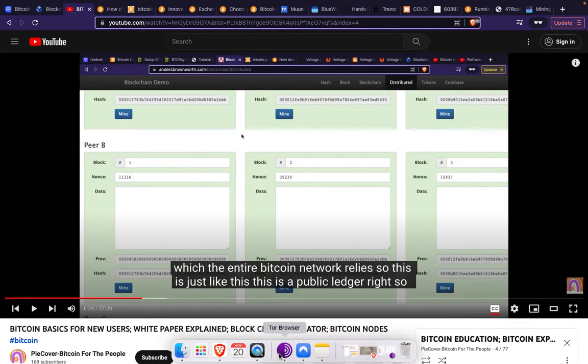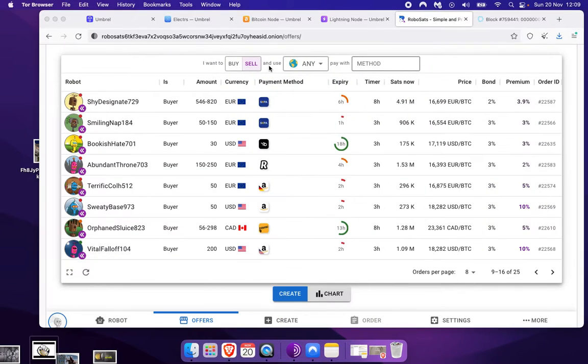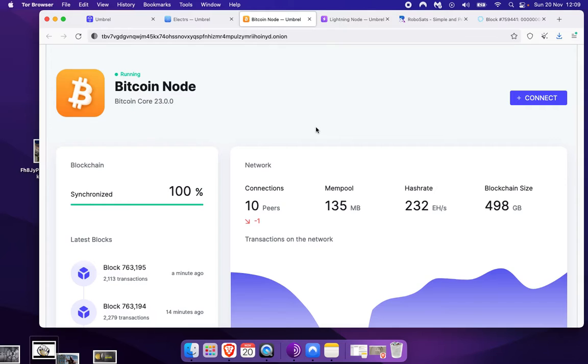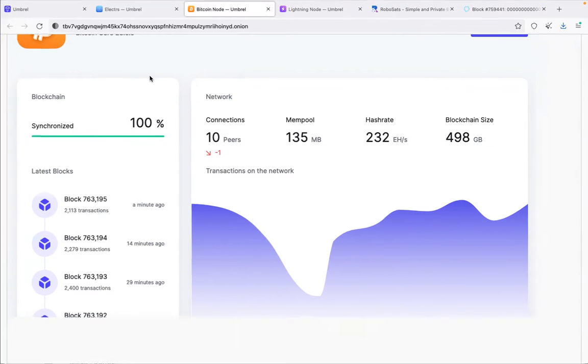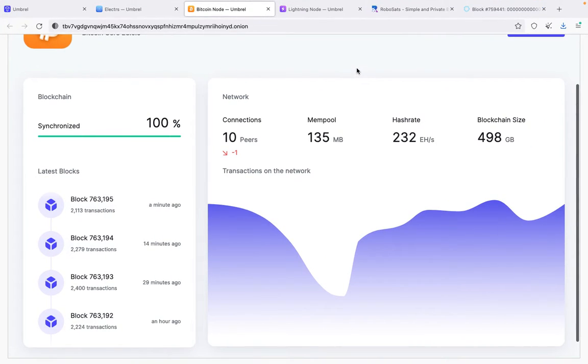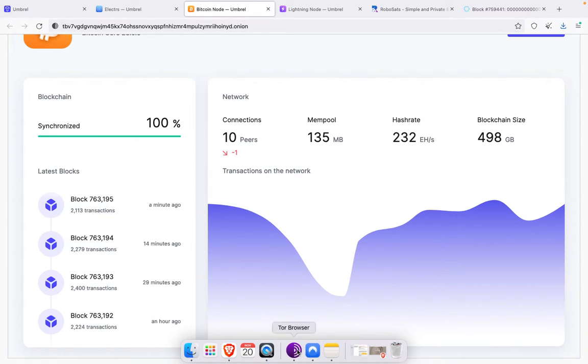I showed you the node over there, right? So this is the node that's running, that's verifying transactions on the Bitcoin network, right? And the node basically, I'll show you that.